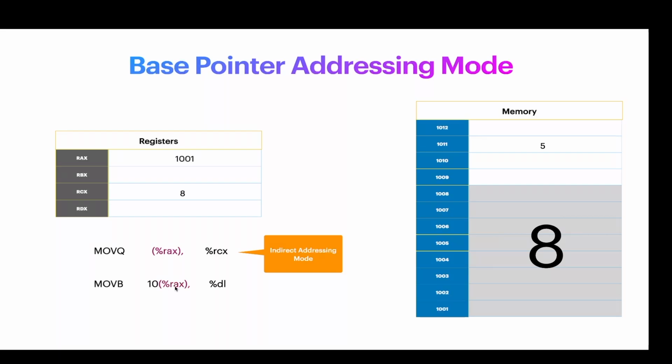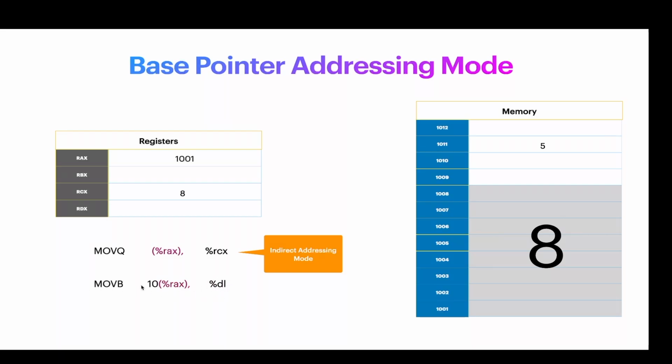But before you do that, you add number 10. Basically, you offset this address by 10. So RAX has 1001 plus 10, which is 1011, and that's the resultant address. Then go to that address, peek inside the location, and then move a single byte, because we're saying movb, meaning move a byte, and move that byte to the lower part of the RDX register, because we're saying %DL.